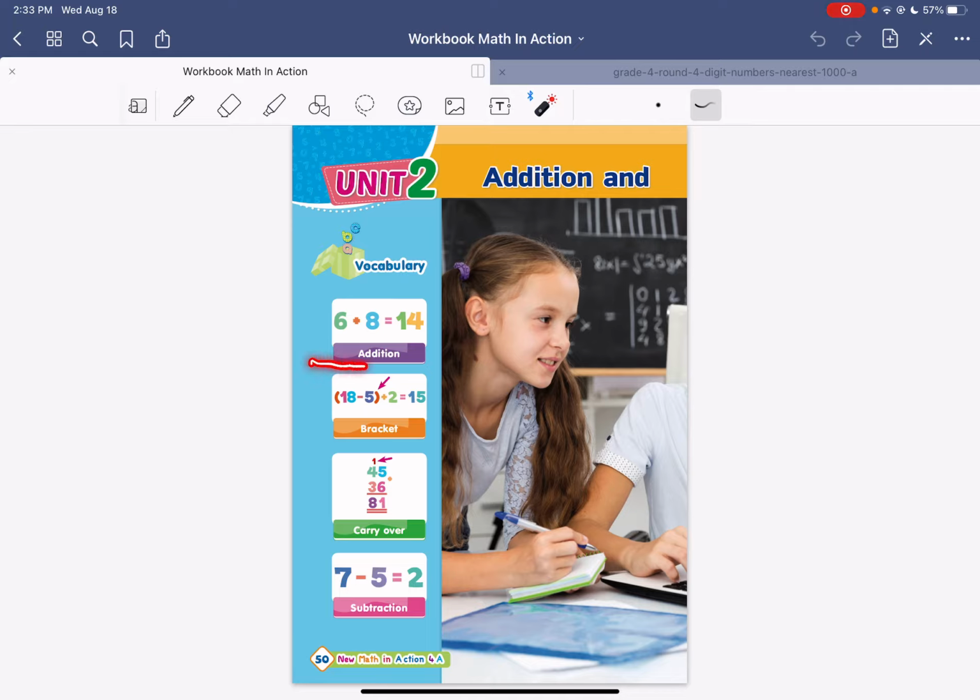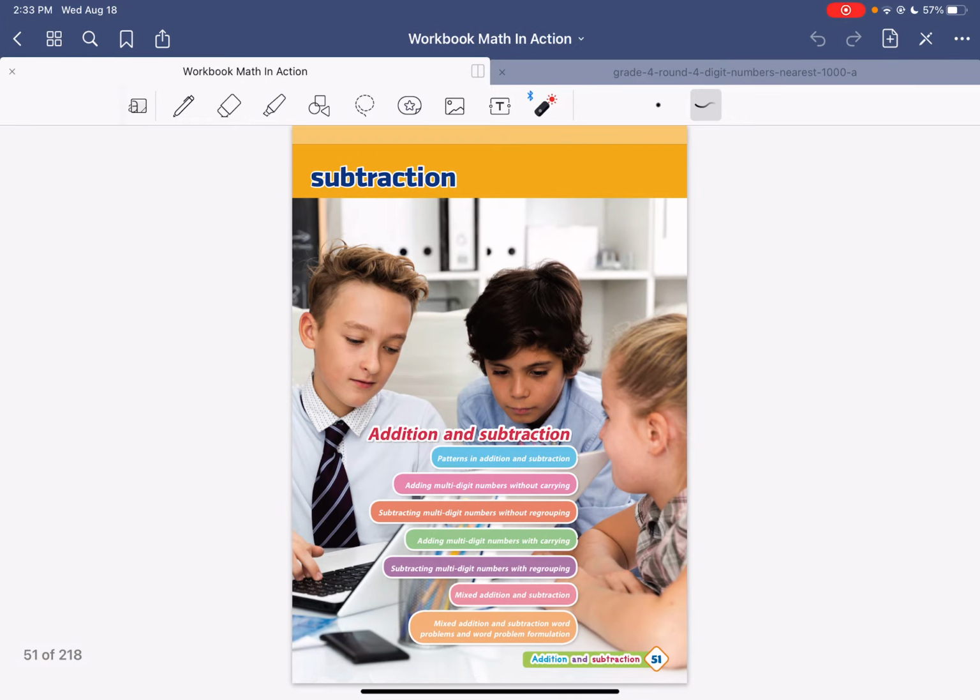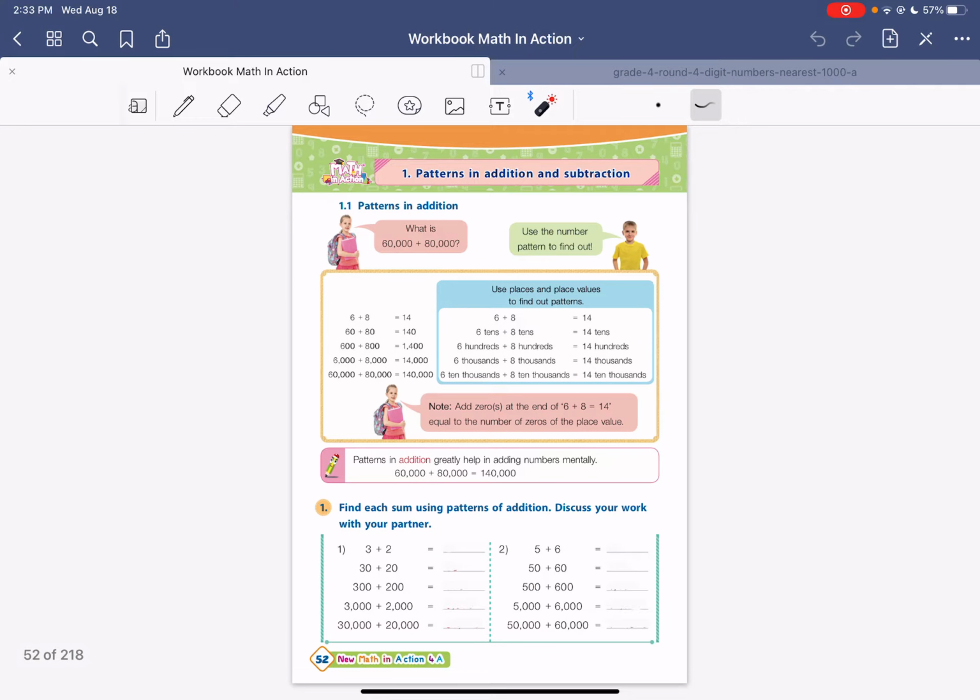Most important is addition and subtraction. All right, so let's start addition and subtraction, with patterns in addition and subtraction.